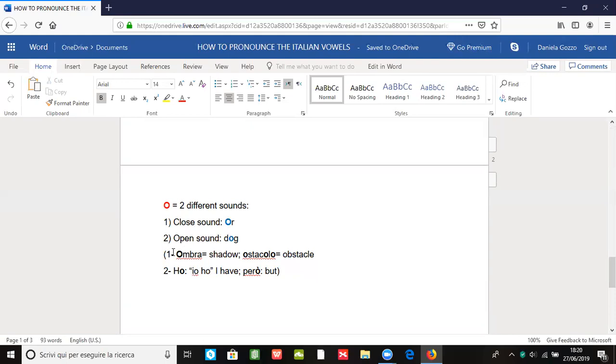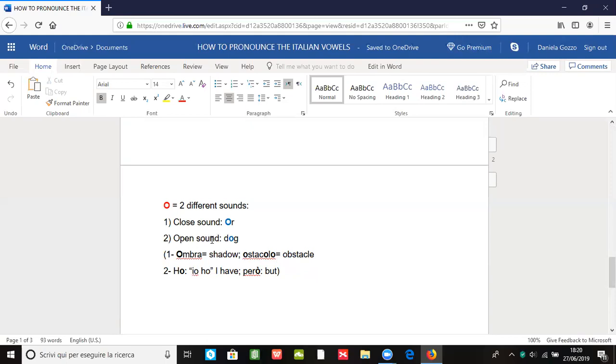In Italian, close sound is ombra, shadow, and the word ostacolo. All the O's are closed in this. Like the word obstacle is a little bit more open, so ostacolo.